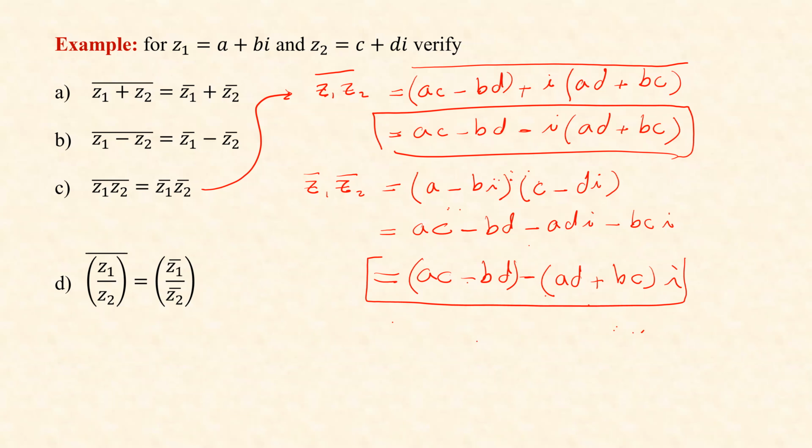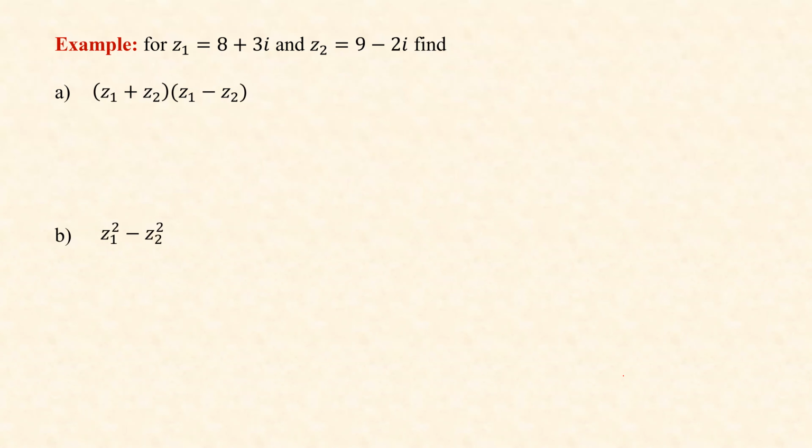So these two are the same, which means we verified that the two sides of this equation are the same. And you can do the same for the other one. You can verify by yourself, right? Another thing we can show is that the identities that we have for real numbers actually work for complex numbers.